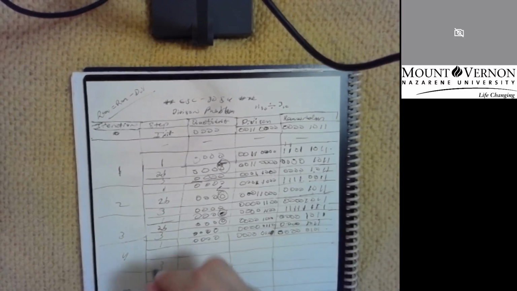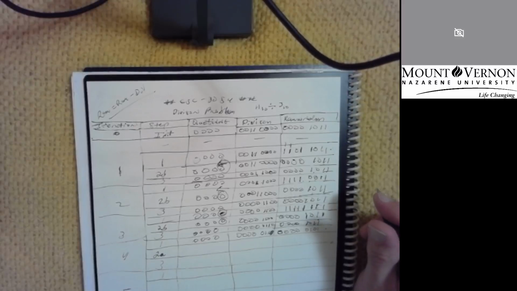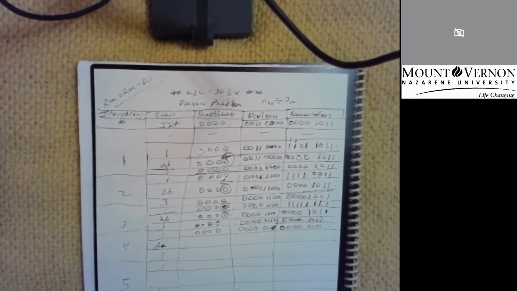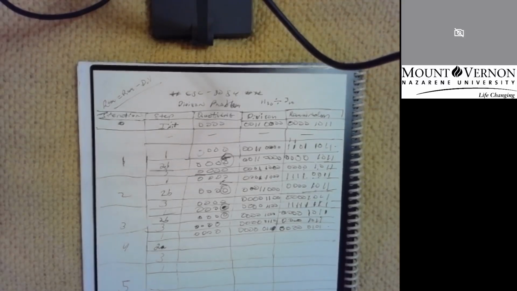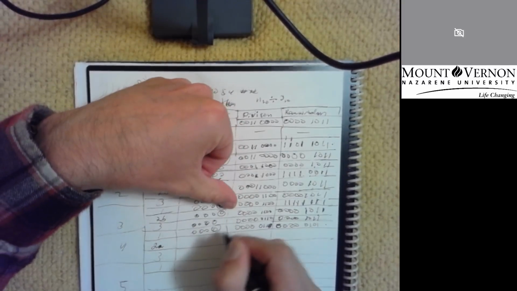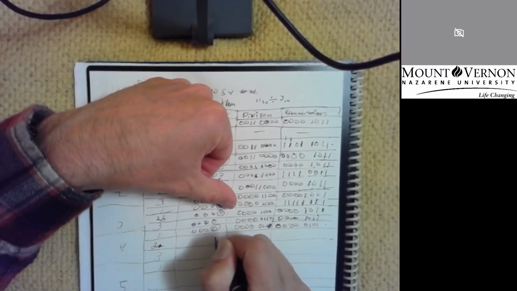So in this case, we do the step 2a. That step basically says we need to shift the quotient register to the left and set the rightmost bit to 1. So we're going to shift this whole thing over and then set that to 1.